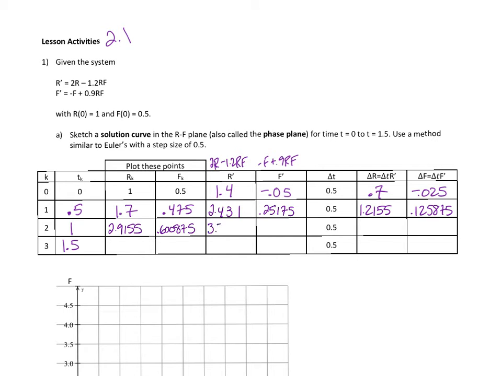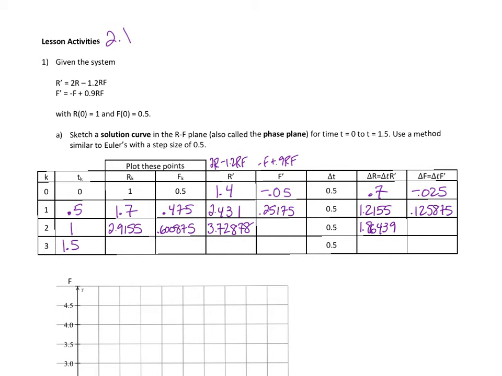It's 3.72878. And I'm actually going to multiply that times 0.5 right now to get my delta r, which is going to be 1.86439.